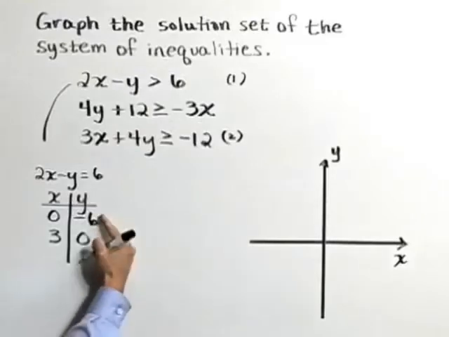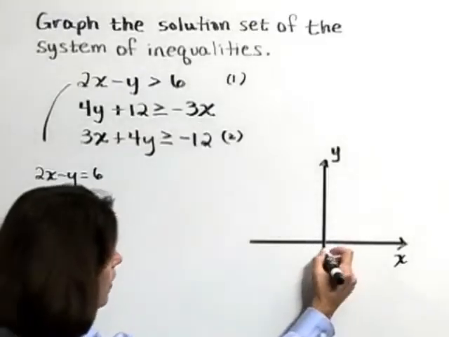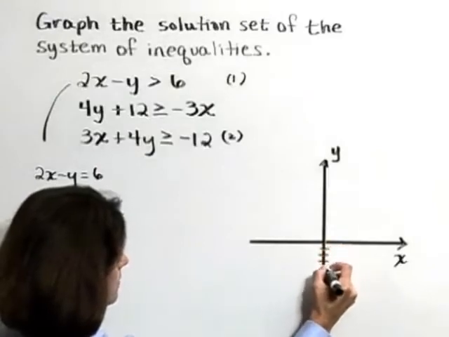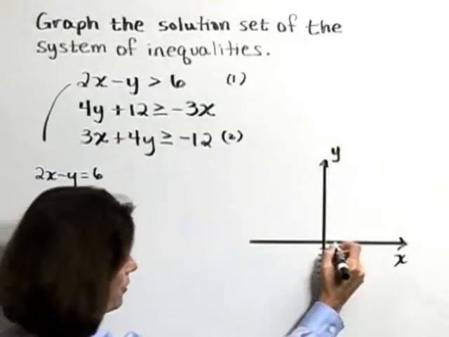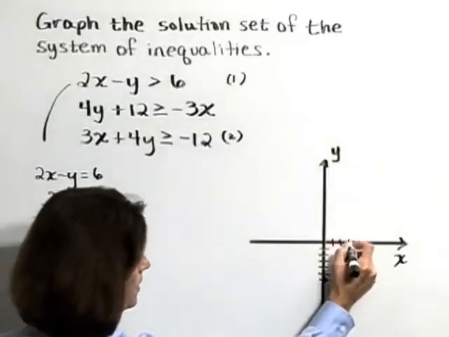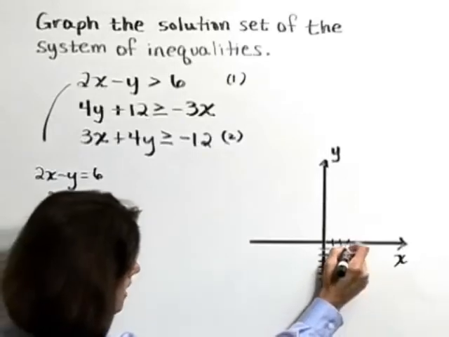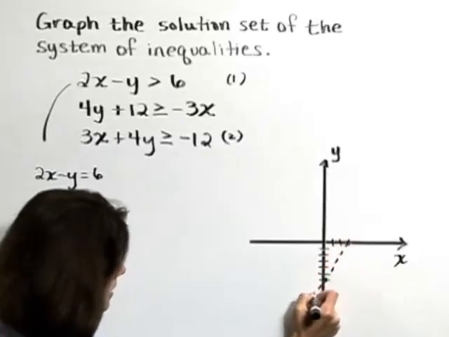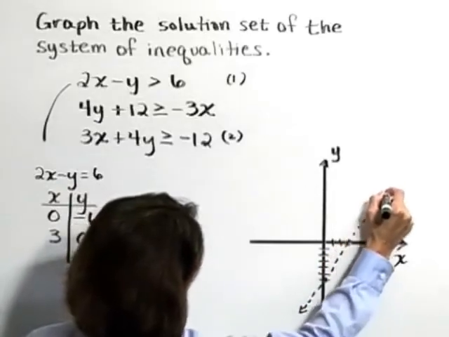So this graph is going to go through the point 0, negative 6. That's down 6 on the y-axis. And it's also going to go through the point 3, 0. That's over 3 on the x-axis. We said we're going to graph that as a dotted line, or a dashed line, you might say.